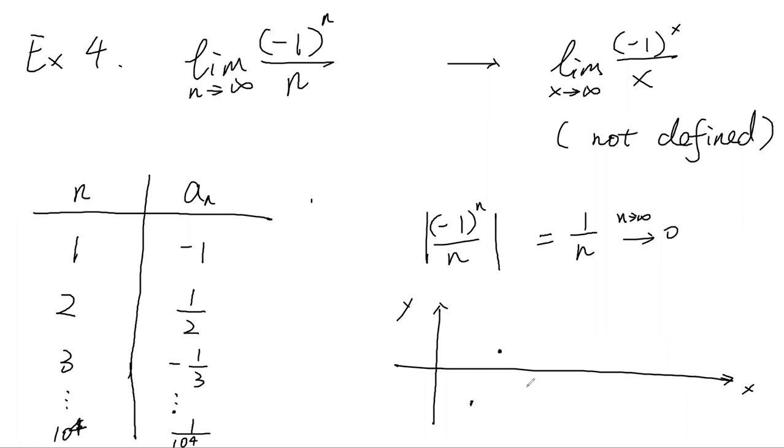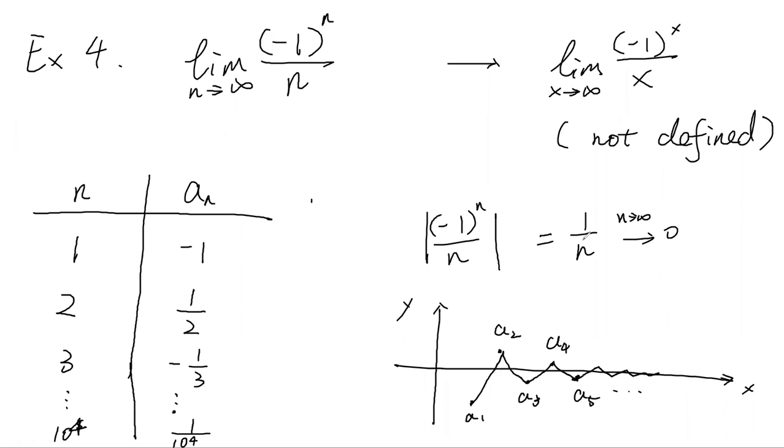Basically, it's just oscillating, but with a smaller and smaller magnitude. So eventually, it will get closer and closer to the x-axis. So this is a1, a2, a3, a4, a5, and so on. Eventually, when n is large enough, a_n will be close enough to the x-axis. The only difference is that there's a (-1)^n, but it doesn't matter because the magnitude is getting smaller and smaller.